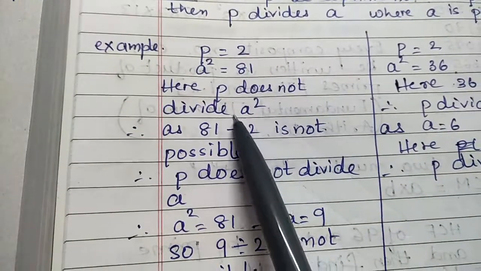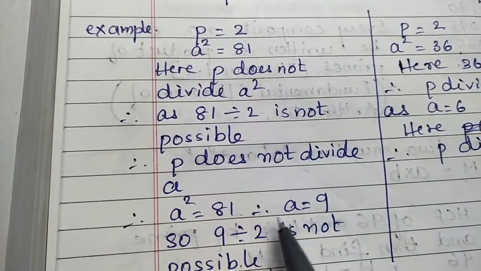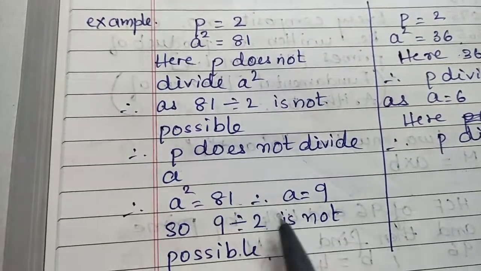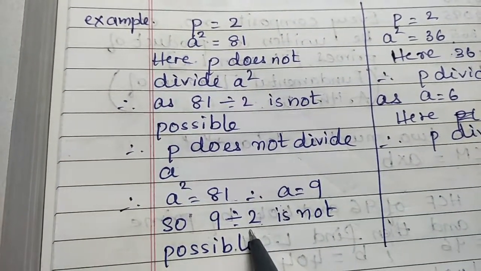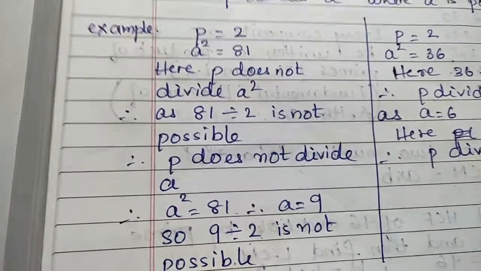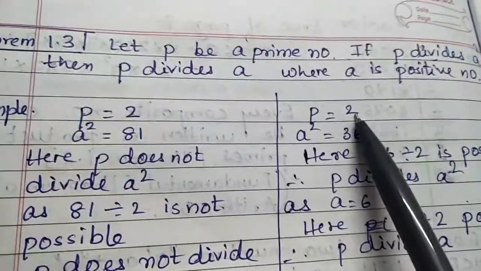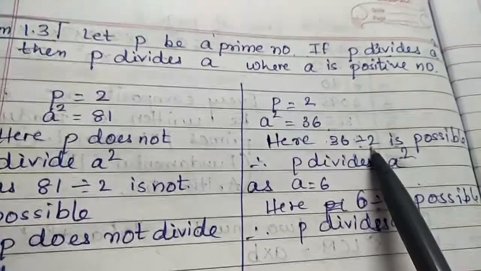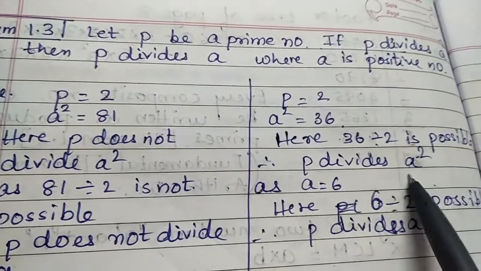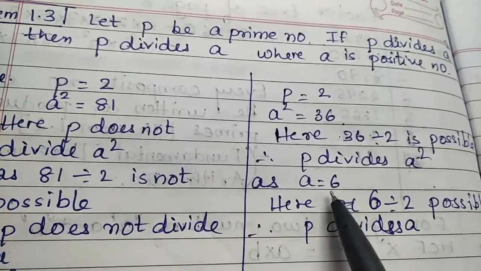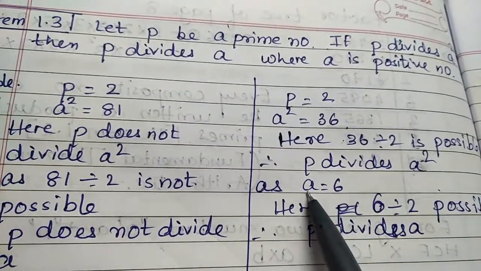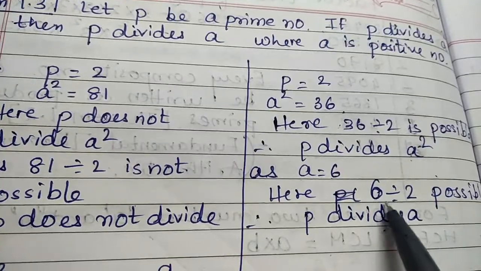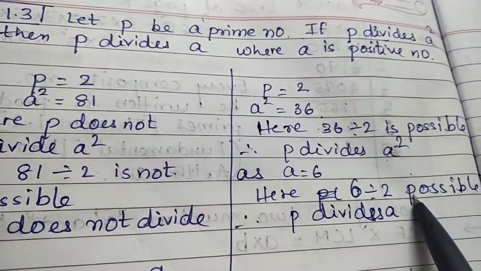Similarly, 9 cannot be divided by 2. So if a number does not divide the square, it will not divide the square root also. So if 2 does not divide 81, it will not divide 9, without remainder we are talking about. For example, if p is 2 and a square is 36, here 36 divided by 2 is possible, so p divides a square, and because it divides a square, a is equal to 6, so 6 is also divisible by 2, so that is also possible.